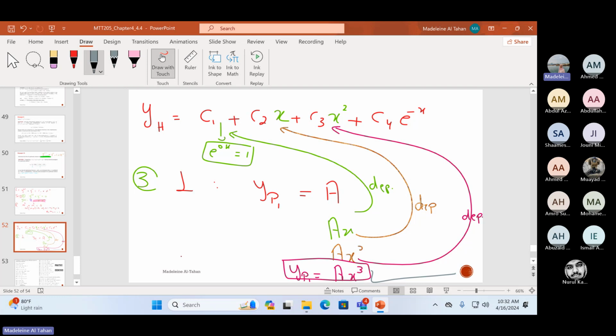So if you look here, to remove the dependency, we multiplied by x how many times? Three times. Okay, miss? Are we done? This is YP1, and we got it from 1.